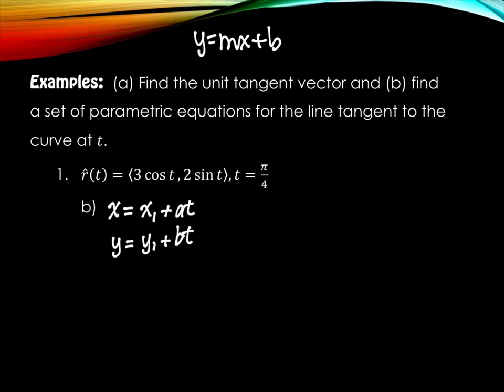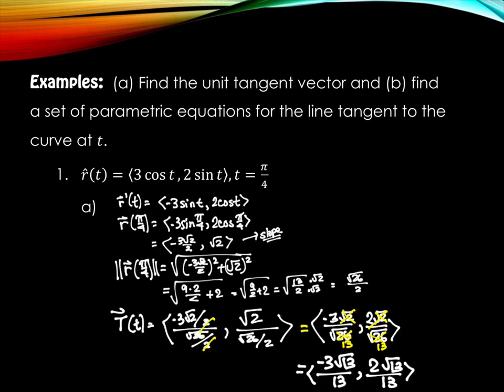Everybody good so far? All right, we actually already have the slopes. We got them from the original derivative equation that we had. So if you come back over here, these slopes right here are what we're going to be using for the a and the b. So the first one in the i location is the a, because it's going to correspond with the x coordinate, right? And the second one's going to correspond with the y coordinate or the j component, okay?